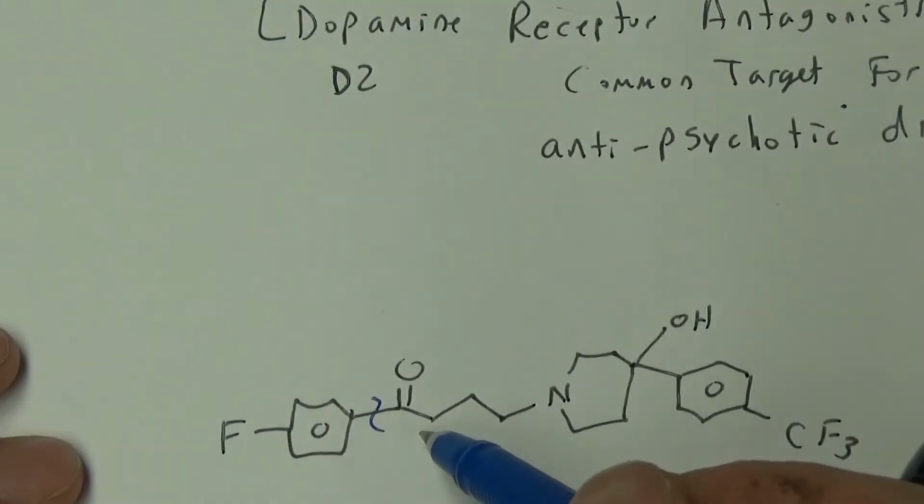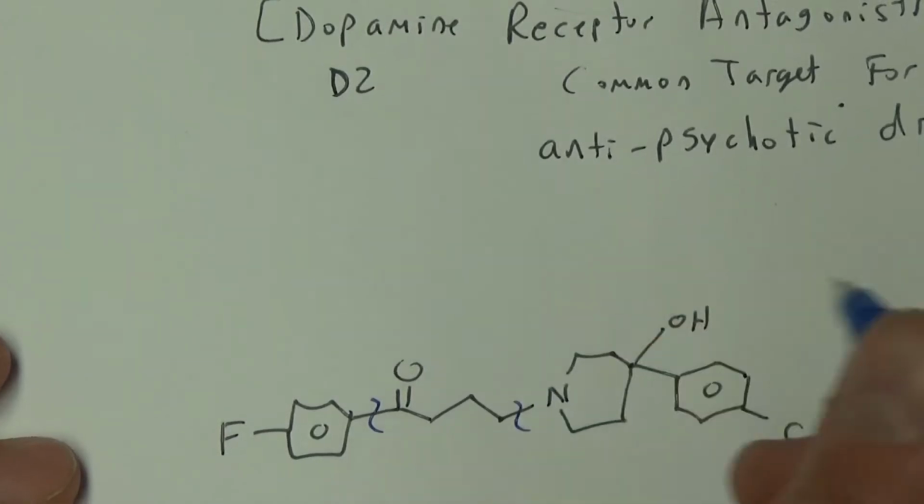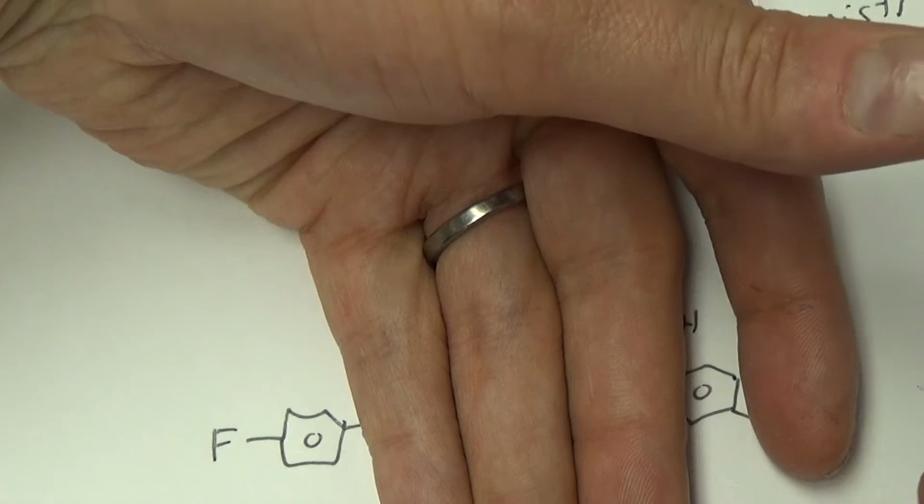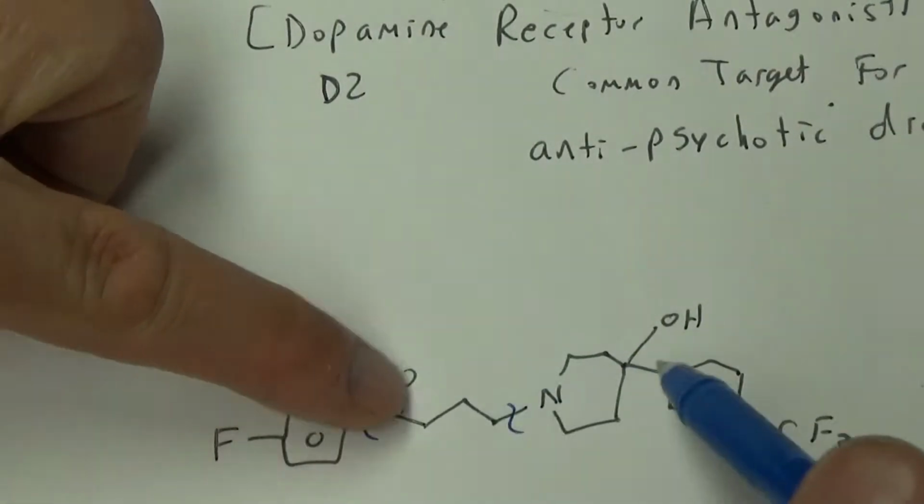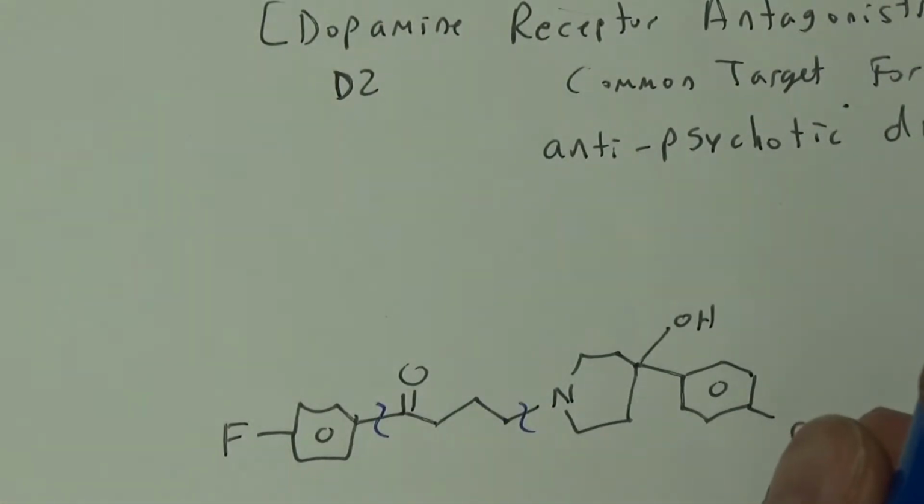They can make that bond really easily, and they can also make this bond. So they basically start with fluorobenzene, and then they attach the middle piece and they attach the right piece, essentially.